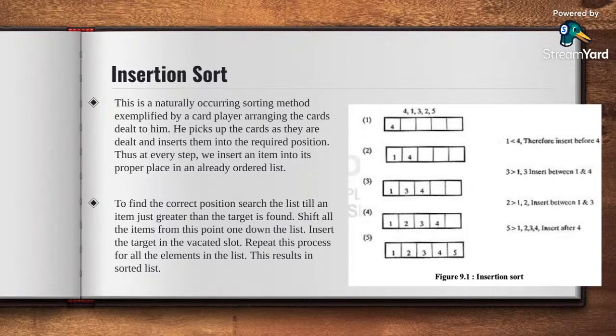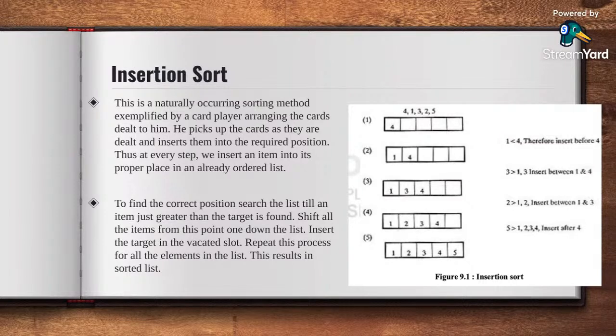So we start placing one card at a time into the other hand, and so let's say we put the first card, and for the second card we check if it's greater than or equal to. If the new card is greater than the existing one, then we'll place it on the right, otherwise on the left, and we keep repeating this process. Sometimes you have to insert between two cards as well. The same process is followed here also.